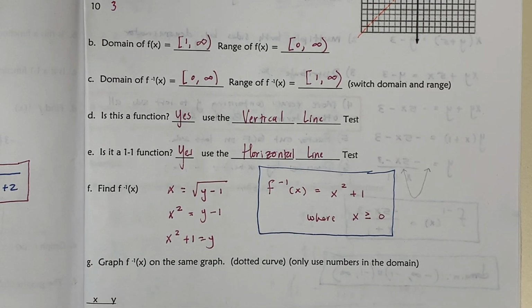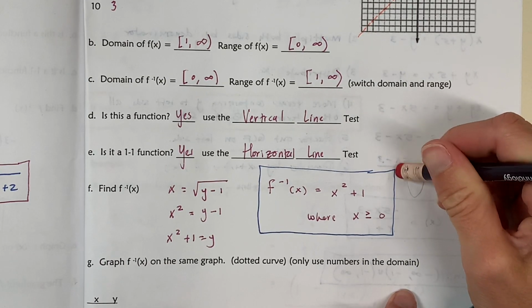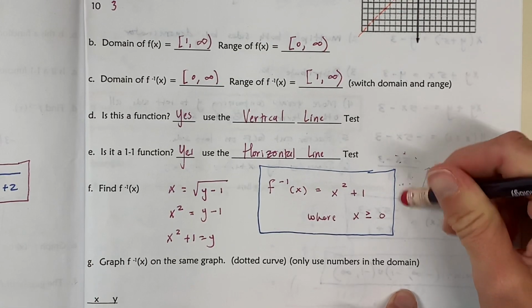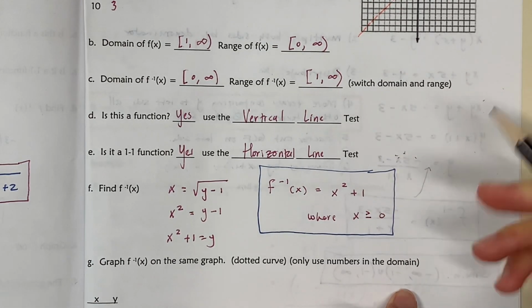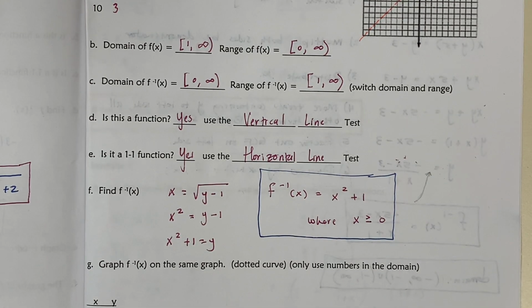The problem is that there has been a restriction on the domain. The domain of the inverse has to match the range of the original, which is everything x greater than or equal to 0. So we have to eliminate the left side of that quadratic function due to the restrictions of the domain and the range.